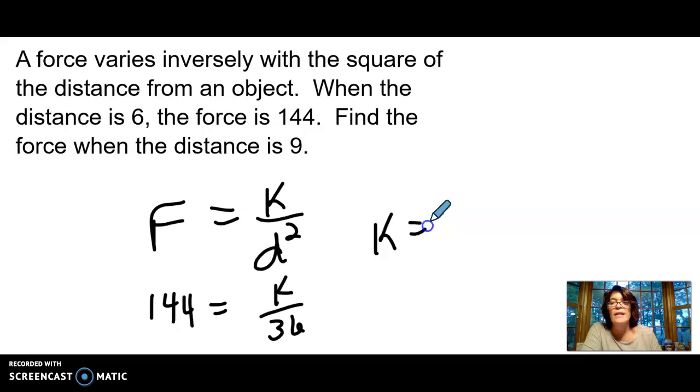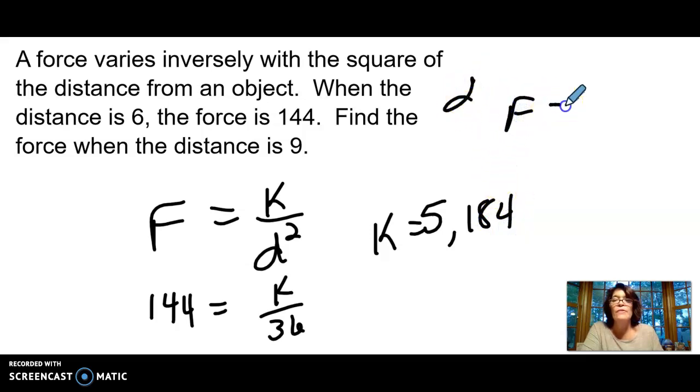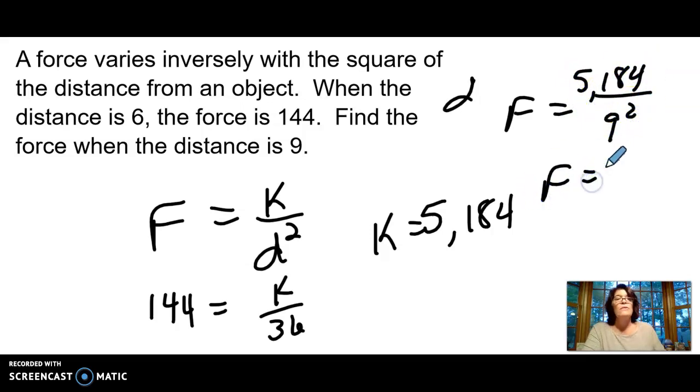So you'd find K, which is 144 times 36, 5,184, and then use that to figure out the force when the distance is 9. So it's 5,184 divided by 81. The force is 64.